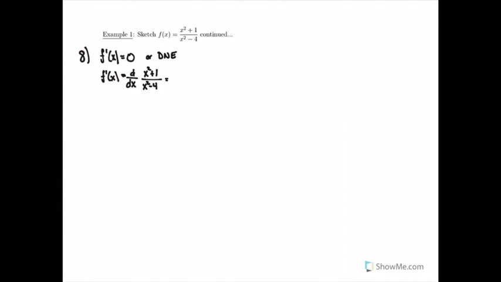So this is going to be the derivative of the top times the bottom minus the top times the derivative of the bottom, all over the bottom squared.